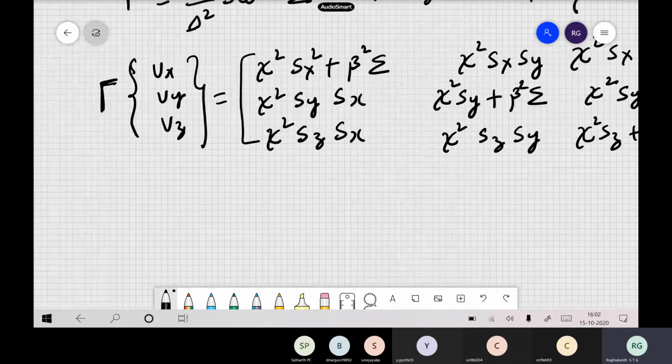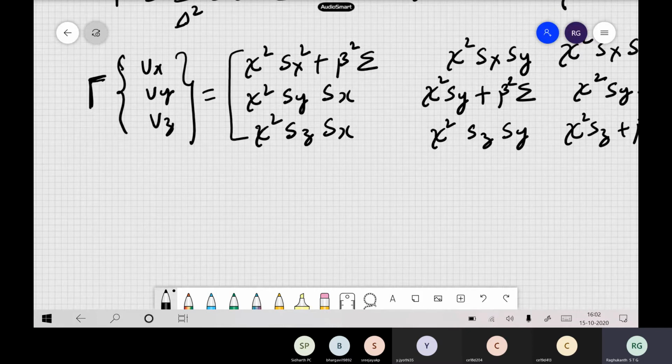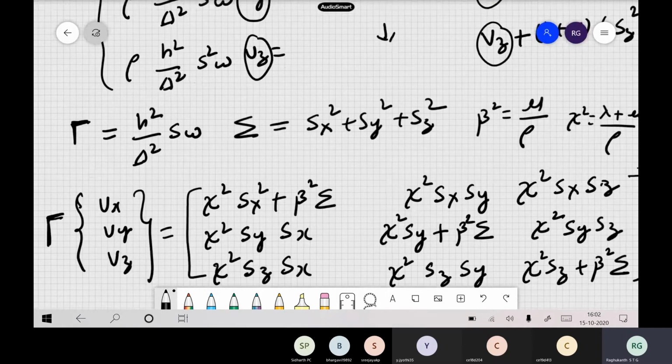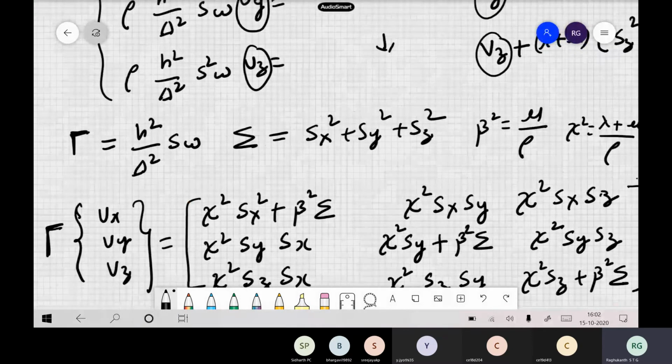Suppose it was a one dimensional wave equation, how will you write it, what is the dispersion equation if it is 1D, like previously we have derived how the dispersion equation looks. So in one dimension, what happens, how many velocities are there in one dimension?